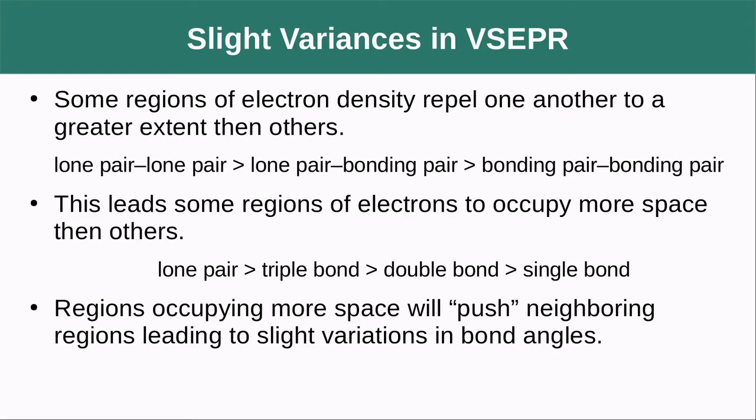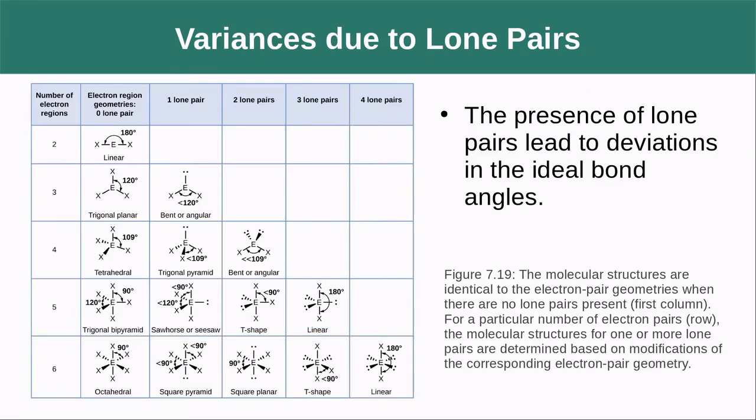So we're going to think of a lone pair as being a big space, a big thing that's occupying a lot of space. Triple bonds are a little less, double bonds a little less, single bonds taking up the least amount of space. The regions that occupy more space will push neighboring regions, leading to slight variations in the bond angles. So let's take a look at that.